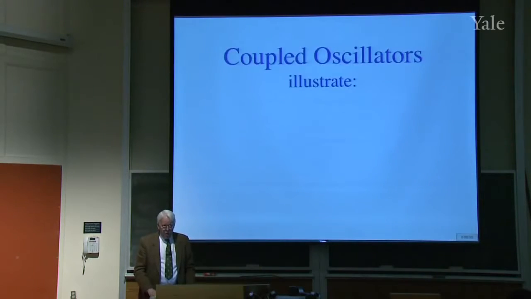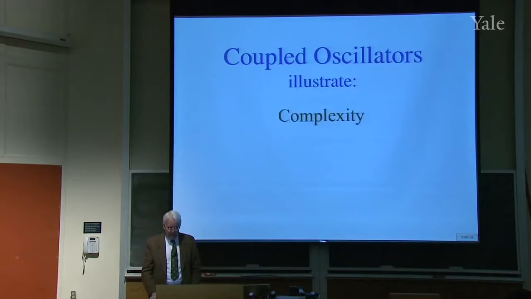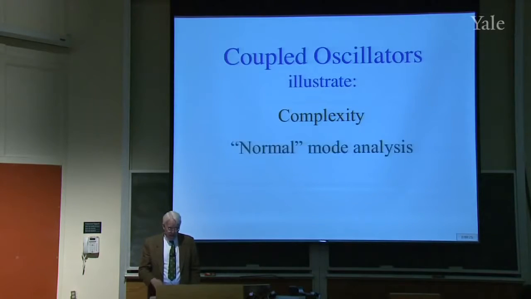Okay, but it's not that simple, because a single atom is connected not to just one other atom, but to others, and they couple with each other. So our study of coupled oscillators is going to illustrate several things: the complexity of what's really involved in vibration, and why physical chemists thought at the beginning that it was going to be impossible to interpret anything in IR spectroscopy.